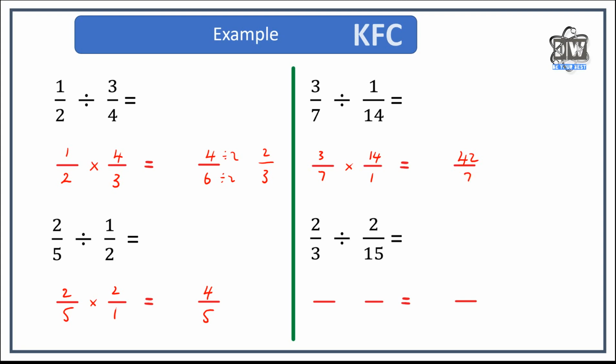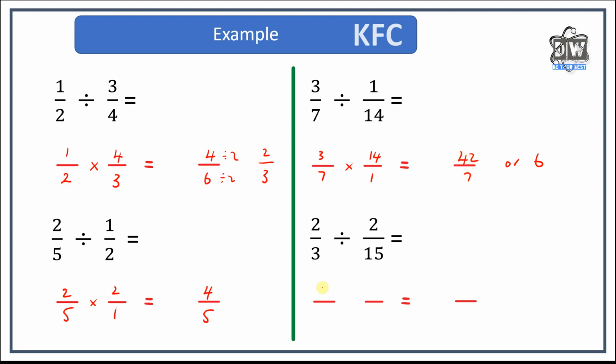And we need to work out whether or not that is in its simplest form. So we need to think, is there anything divisible that we can use underneath? And the answer is, if we work that all the way through, 42 divided by 7 equals 6 whole. Okay, 6 wholes. So therefore, you need to know your times tables. If you left it at 42 over 7, that's also absolutely fine for today.